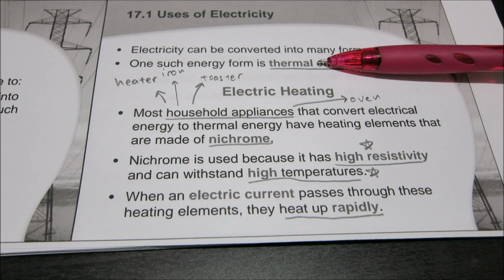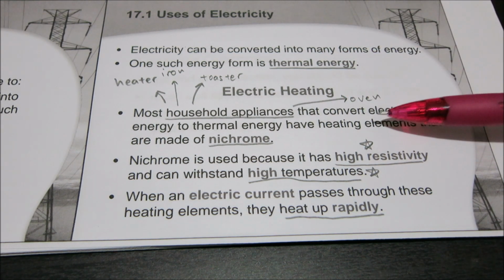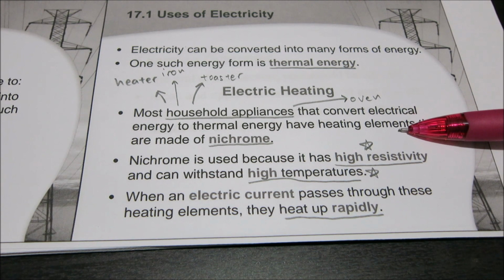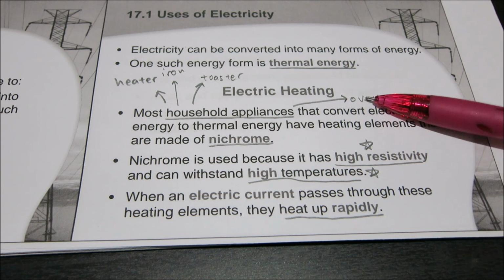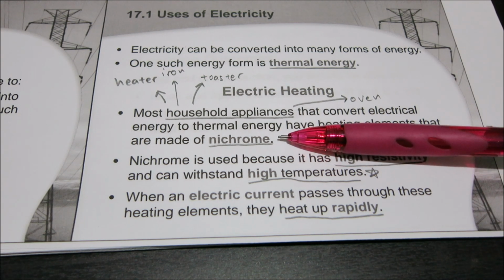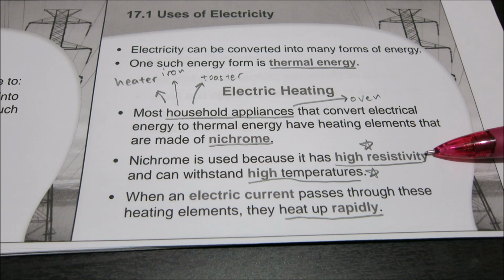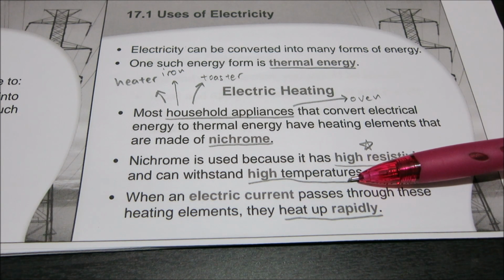Now, for all these heating applications, what they have in common is that they will have a heating element inside, and it's usually made out of nichrome. The reason why we use nichrome is because it's a material that has high resistivity and can withstand high temperatures.